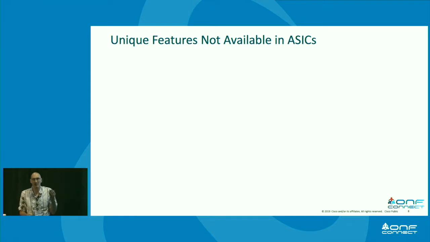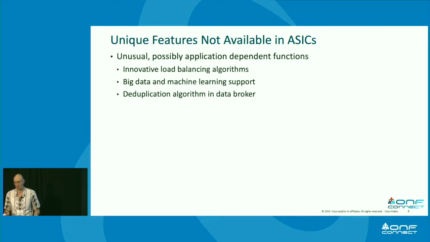Another interesting opportunity that vendors have is to offer unique features that other vendors don't have. They might develop a proprietary algorithm. Here I have some examples. For example, an innovative load balancing algorithm, or algorithms that support big data or machine learning workloads within the network.